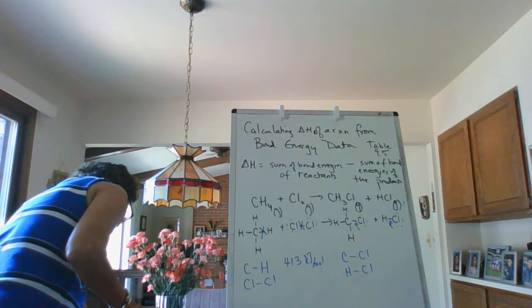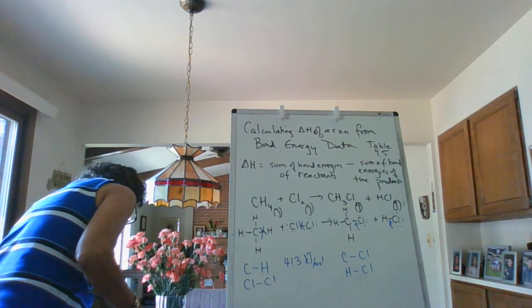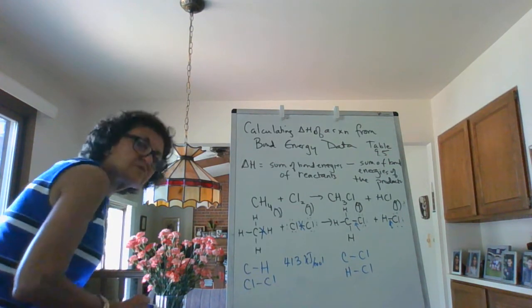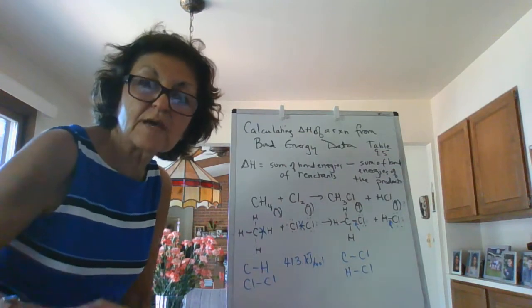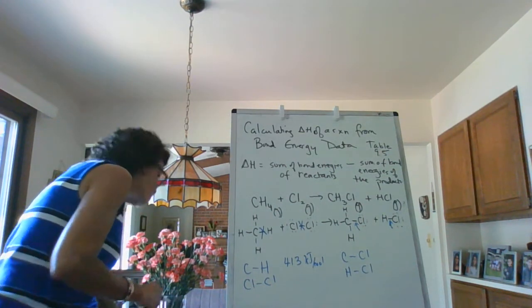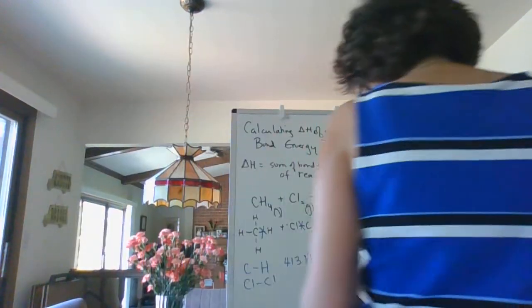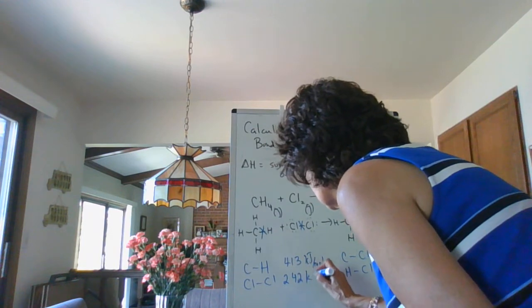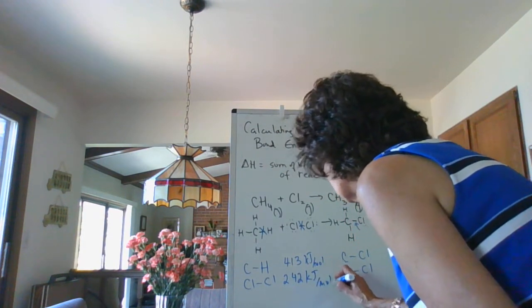Now your OWL might give you different numbers, so don't worry about that. Just use whatever OWL gives you. And on an exam, hopefully you can hear me, on an exam, I'll be giving you these numbers, okay? So chlorine is 242 kilojoules per mole.